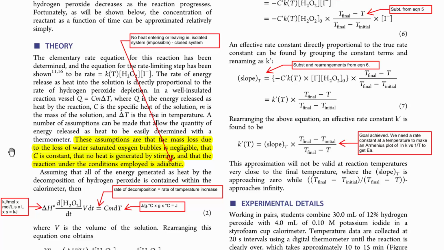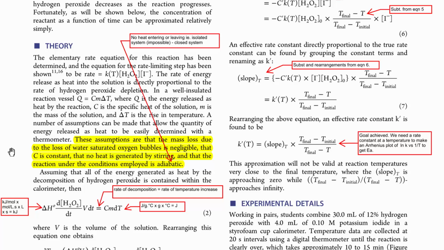Okay, fantastic. The problem with all these derived equations is the assumptions. The mass loss due to the loss of water-saturated oxygen bubbles is negligible. So he's saying that there's no oxygen coming off, and that the C is constant. Fine, that's the specific heat of water. No heat is generated by the stirring. Well, that's not going to happen anyway.